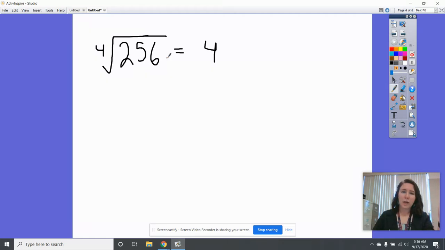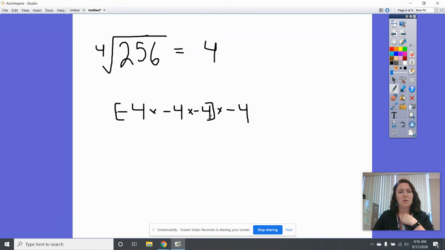When we did the squares, we could also use the negative version. When we did the cubes, we could not use the negative version. Let's check the 4th root. Negative 4 times negative 4 times negative 4 times negative 4. A negative times a negative is a positive, times a negative is a negative, and then a negative times another negative gives us a positive.